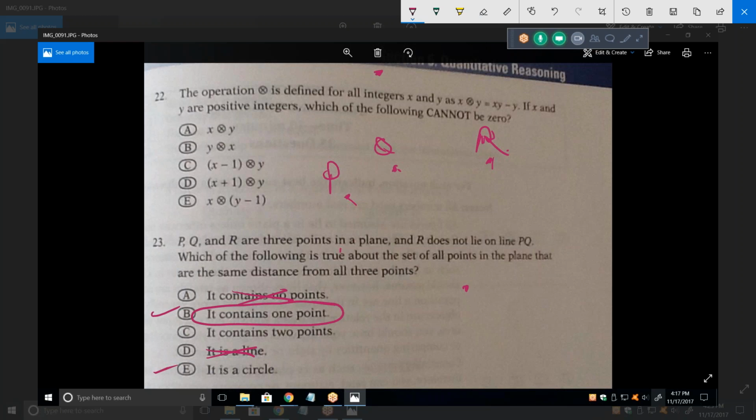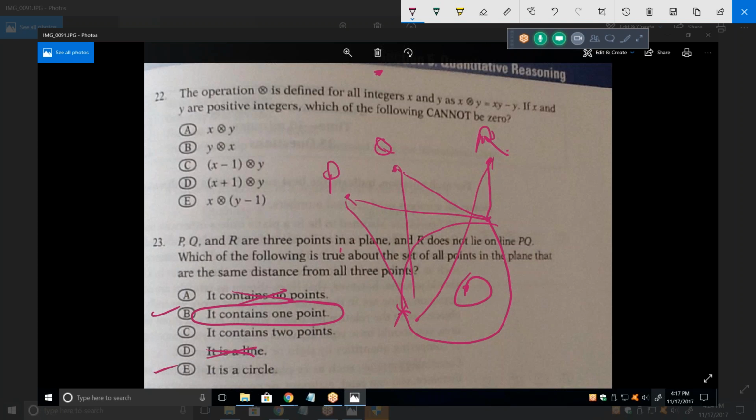If I draw a circle, every point on that circle is not equidistant from all 3 points. This point here is not equidistant from all 3 points. The only point is the center of the circle.